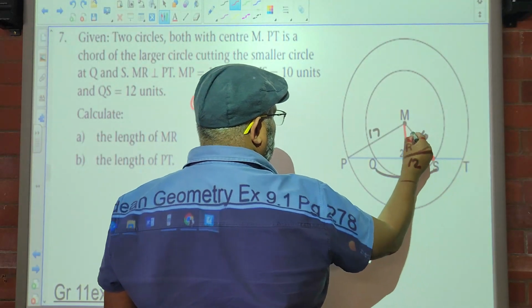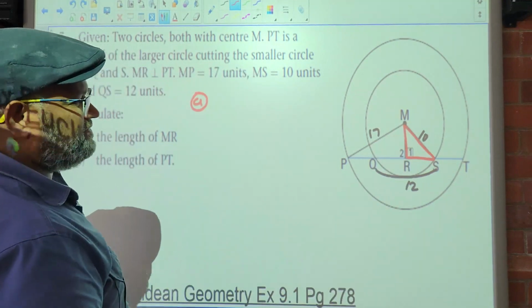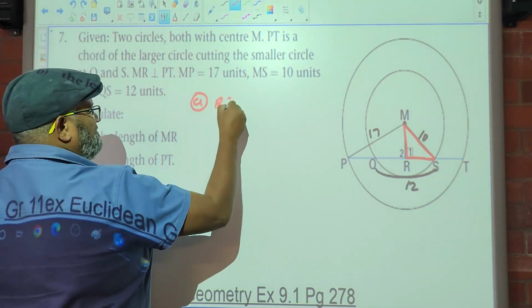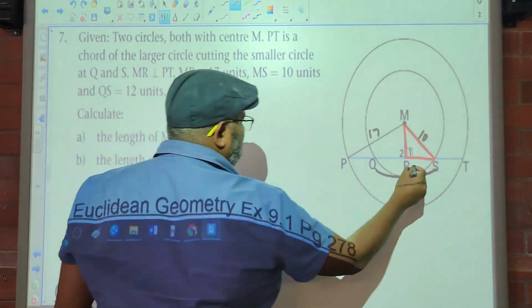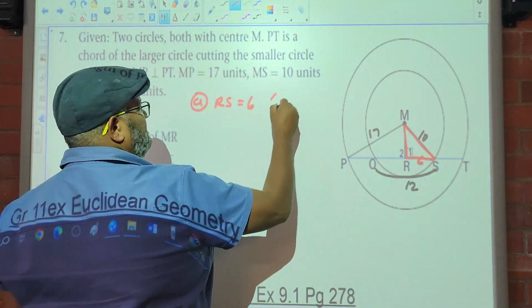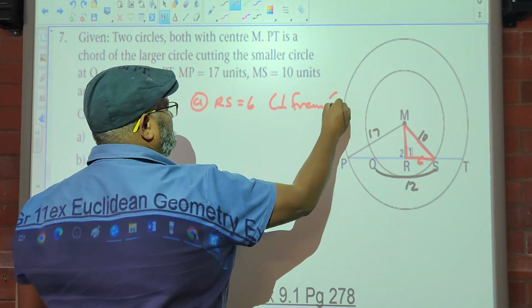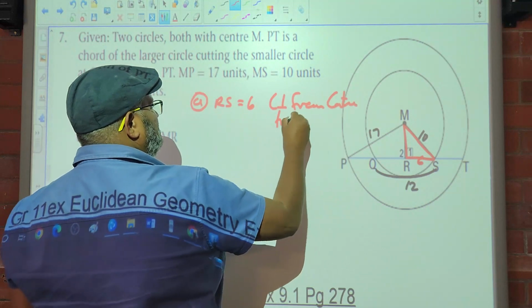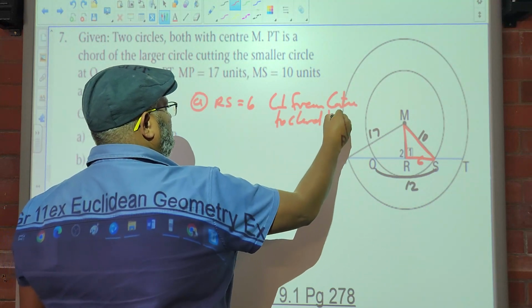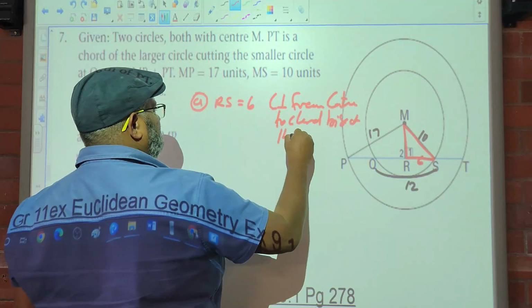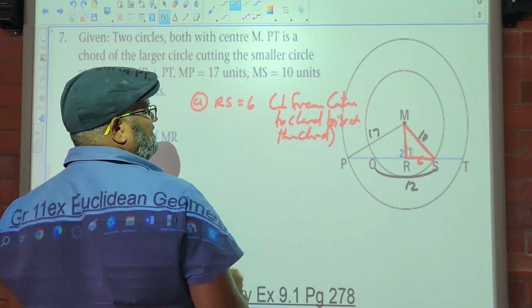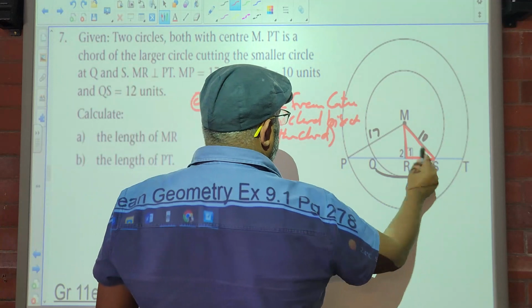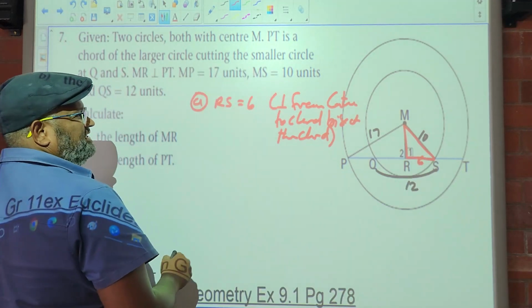There's a triangle, and I can apply Pythagoras there. But firstly, we're going to say RS is equal to 6. Why? Perpendicular from center to chord bisects the chord. Is that enough to conclude Pythagoras there? Yes.